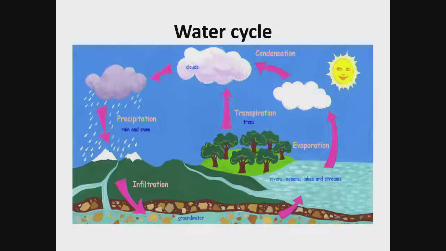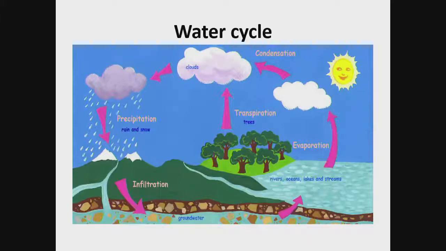Another way water can be released into the atmosphere is through the process of transpiration. Transpiration releases water vapor into the atmosphere, and clouds are formed. The formation of clouds from the gas is called condensation.